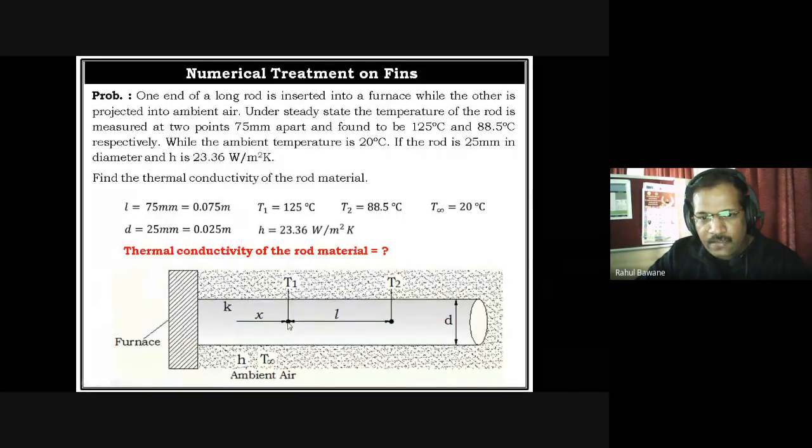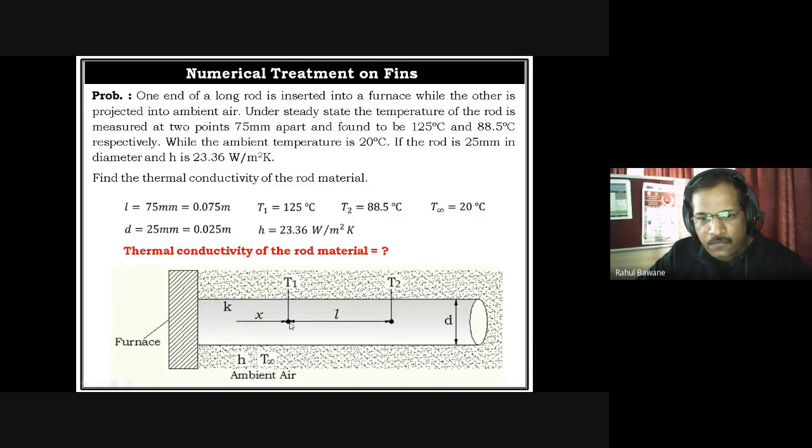So at the first point higher temperature 125 degrees centigrade, and from this first point, 75 mm distance apart, we mark the second point and we measure the temperature here, so it is 88.5. So temperature is reducing as per the distance x.